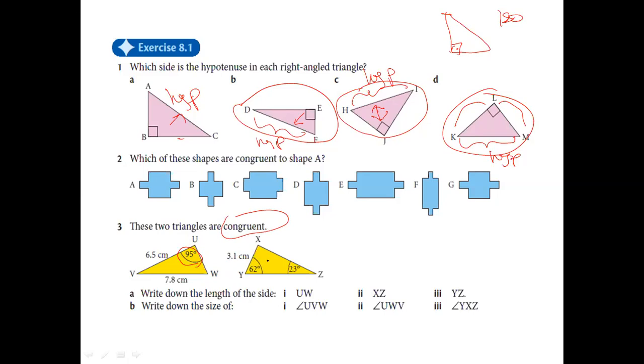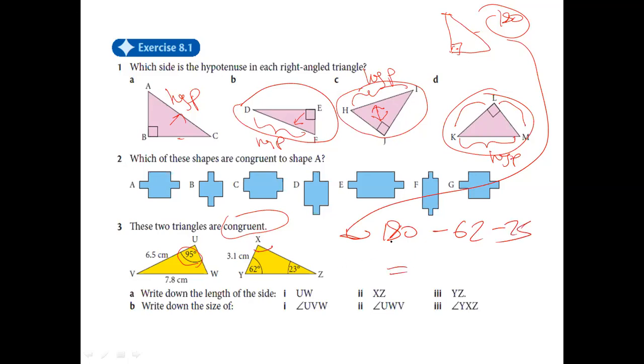Let's remember what the sum of the interior angles of a triangle is. We have written here that the interior angle sum of a triangle is 180. So what's the third angle in this shape? 180 minus 62 minus 23.